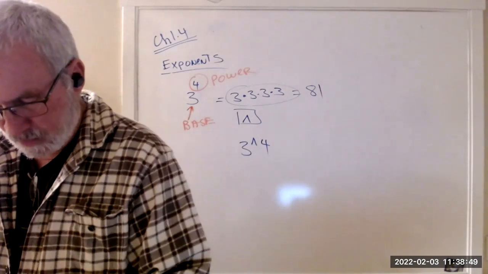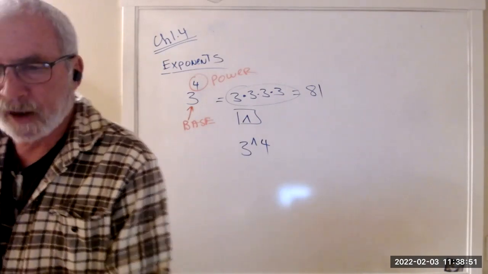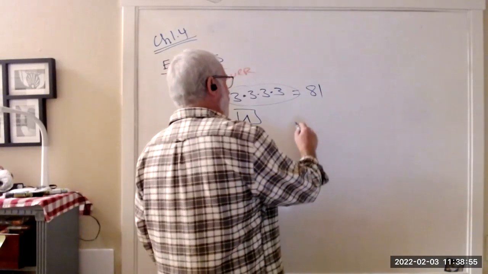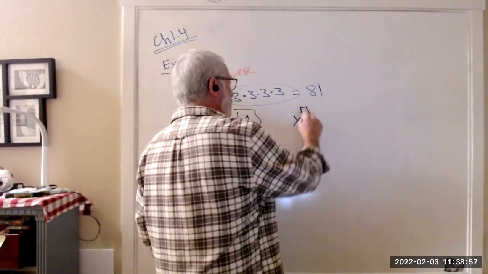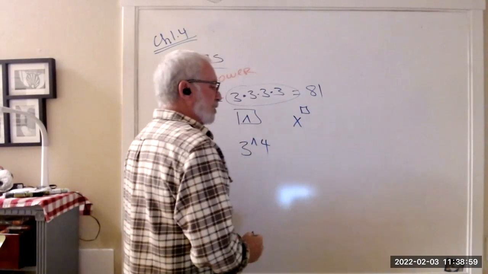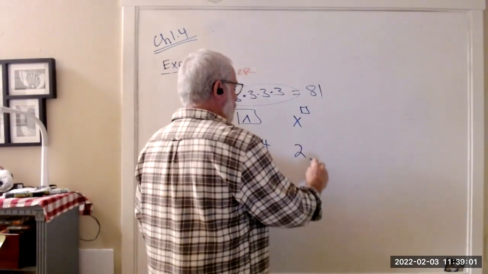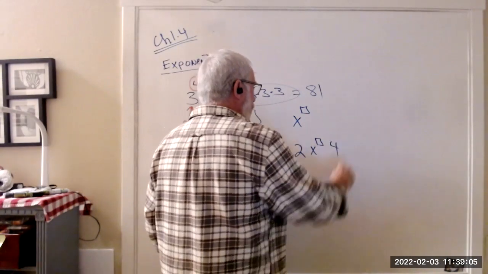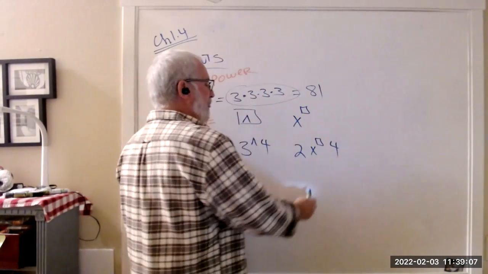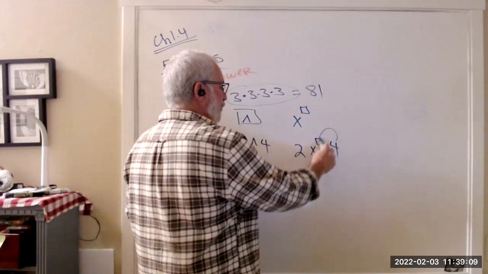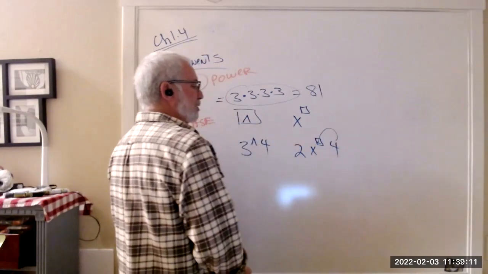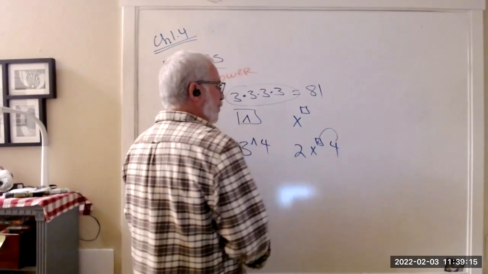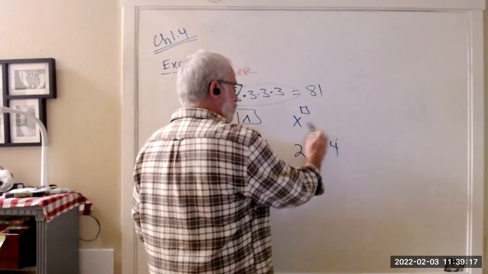It's got 2 buttons. The TI 86, it's got an X box button. So you would say 2, you would hit the X box button 4, and what it's doing is going to put that 4 into there. It's going to be 2 to the 4th power. That's what that's going to show up as.